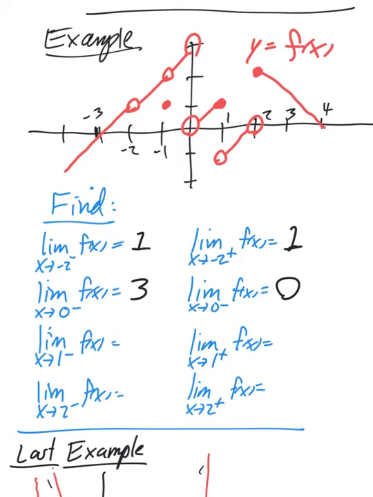Similar thing happens at 1. As x approaches 1 from the left, numbers a little bit less than 1, their y values are close to 1. As x approaches 1 from the right, the numbers a little bit bigger than 1, their y values are close to negative 1.